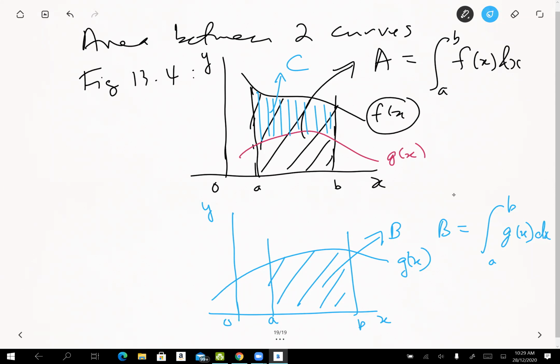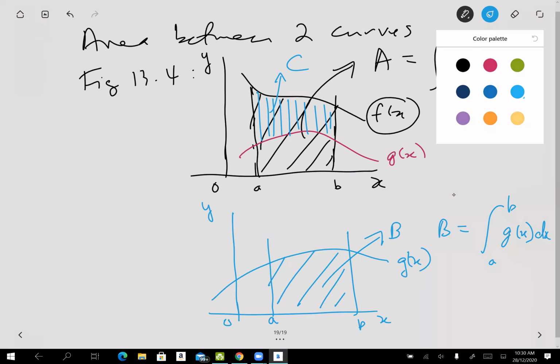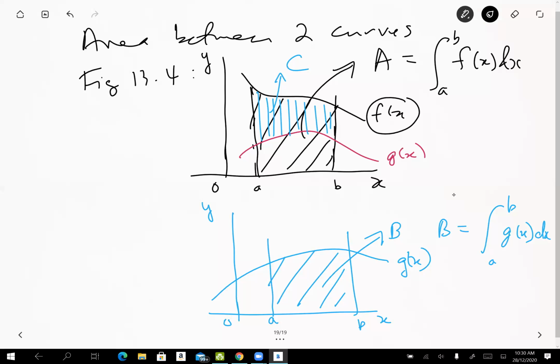And what we learned in 13.2, how can you get the area C? That is the area between f of x and g of x.